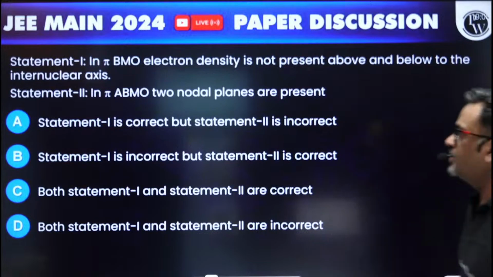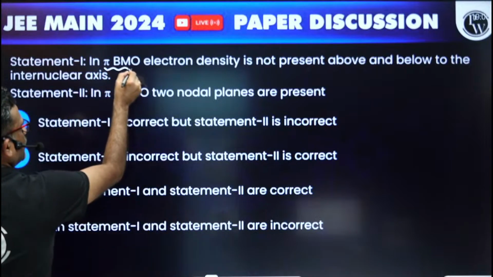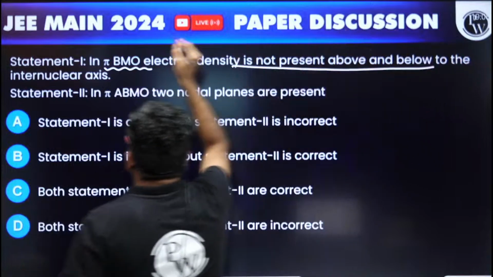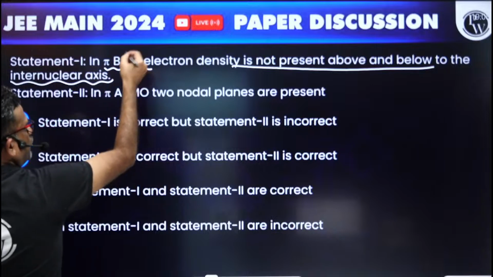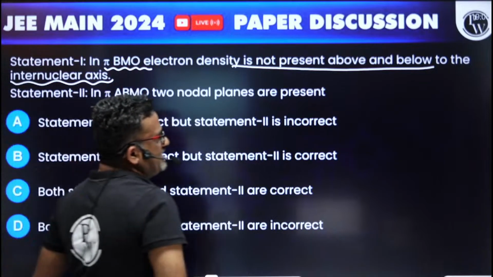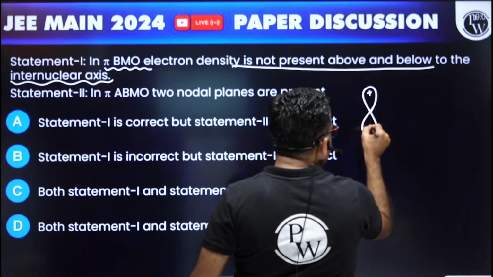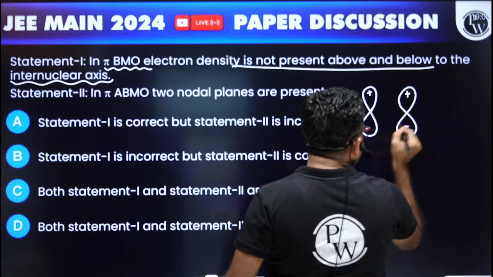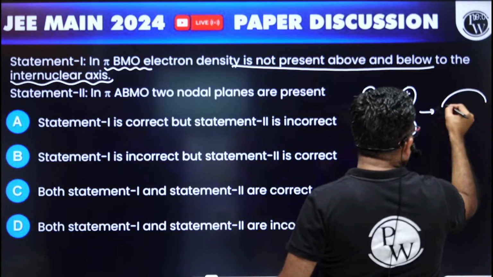Right. Statement 1: in pi bonding molecular orbital, electron density is not present above and below the internuclear axis. Pi bonding molecular orbital means what? It is going to be an in phase combination of two orbitals. If you consider two p orbitals undergoing linear combination, they would form a molecular orbital like this.